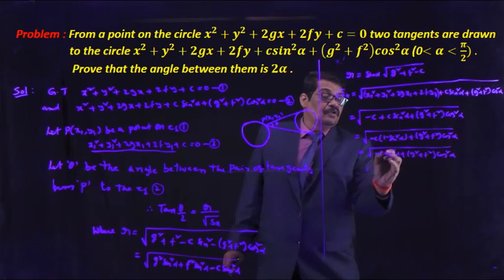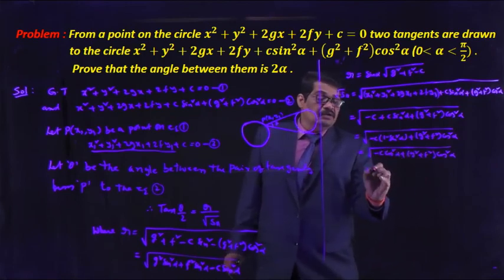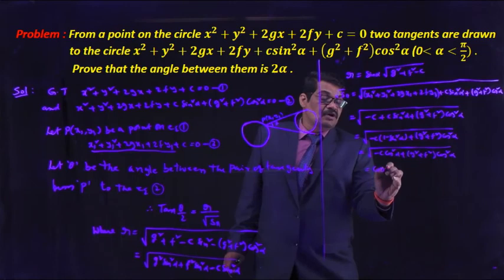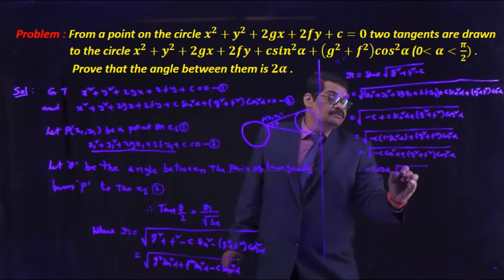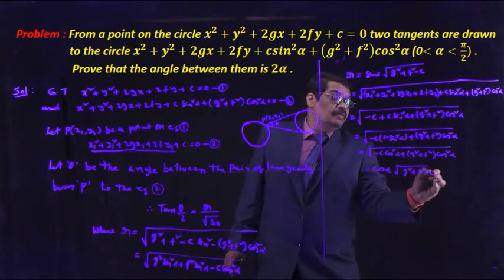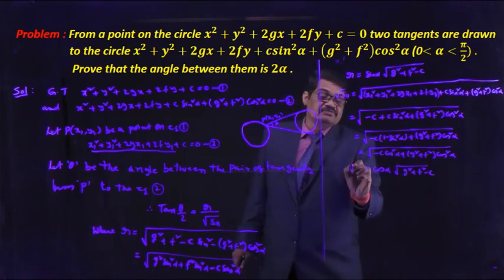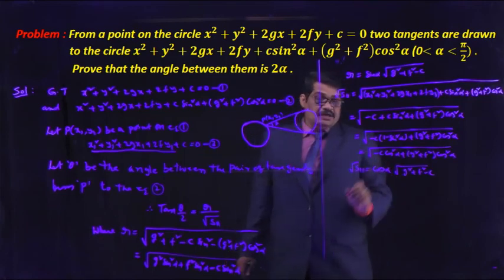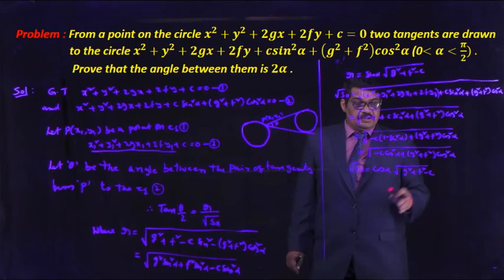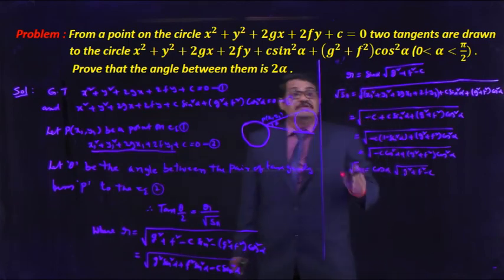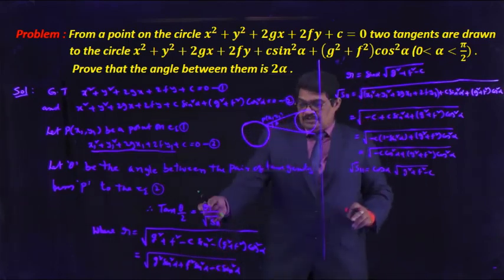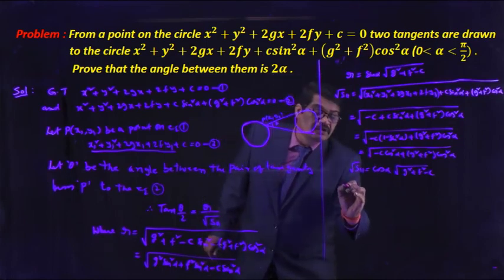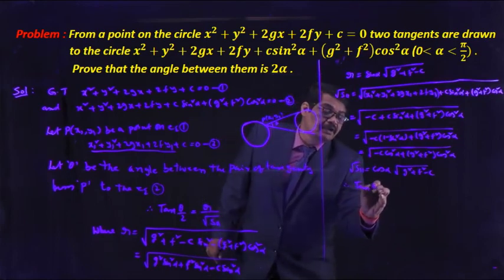Here cos square alpha is common. Root of cos square alpha is cos alpha. The remaining terms g square plus f square minus c. Here root of S11 is cos alpha into root of g square plus f square minus c. Now this is R and root of S11. Substitute in this formula. What is the angle between the pair of tangents?